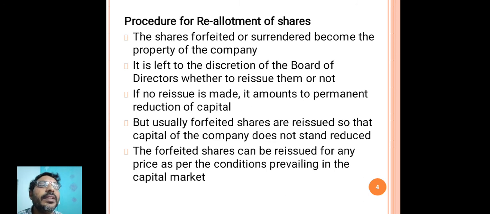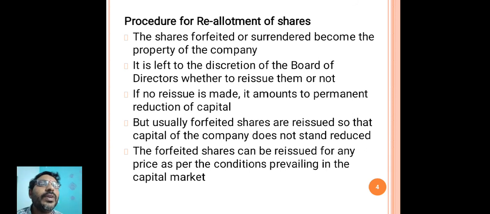It is left to the discretion of the board of directors whether to reissue them or not. If the forfeited shares are not reissued or reallotted, there is a permanent reduction in the capital.